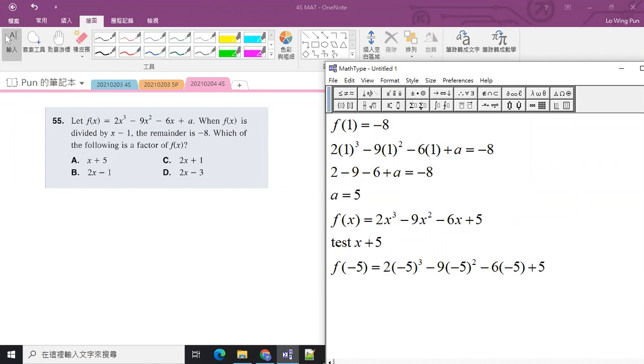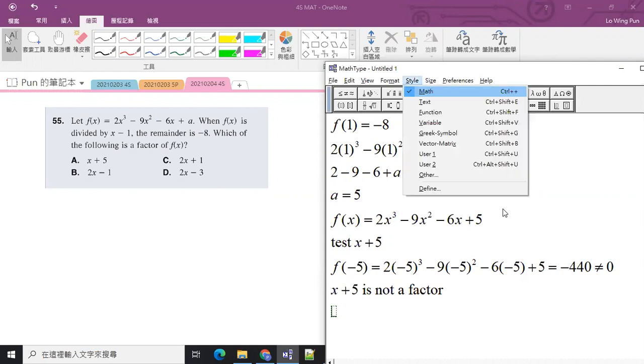Then you just use the calculator. I think it is equal to negative 440, which is not equal to 0. So x plus 5 is not a factor.